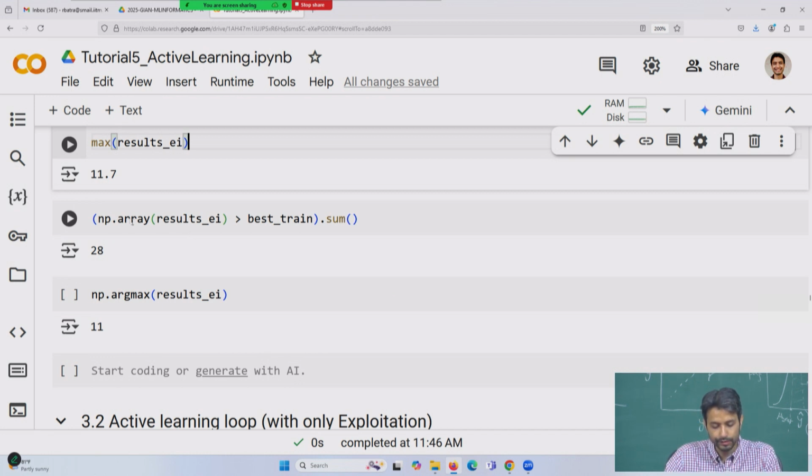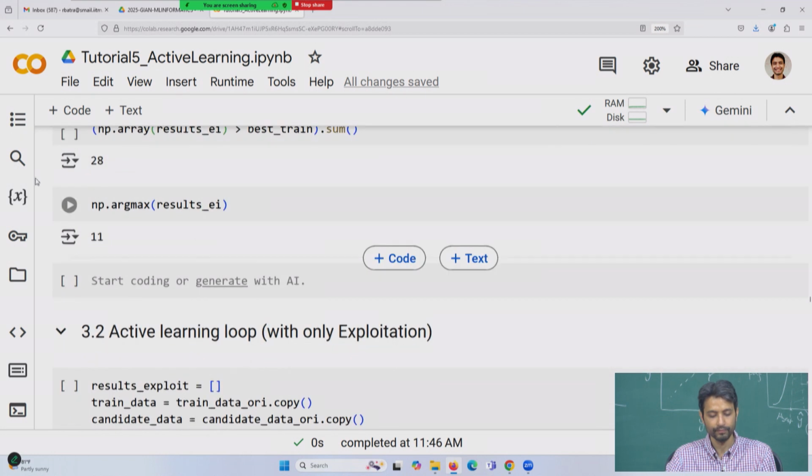I also just checked, we ran it for 50 times, right. So out of these 50 experiments, how many are better than the first training data point we started with, around greater than 3.2 or whatever that value was. Out of 50, 28 actually resulted in better candidates.